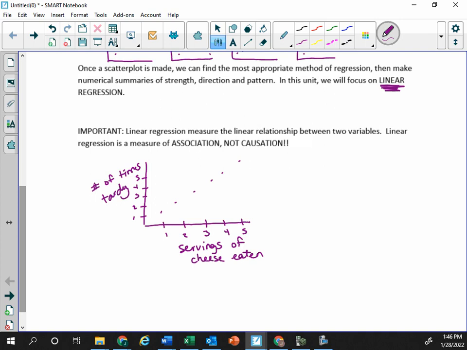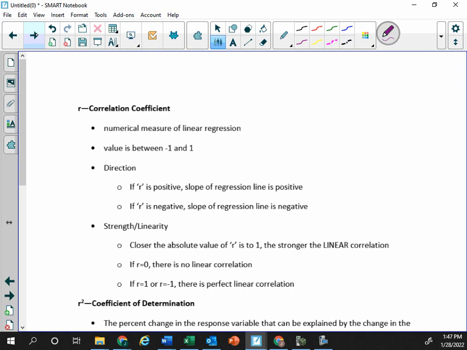All right, let's turn the page, guys. All right, so we're going to talk about the R correlation coefficient.